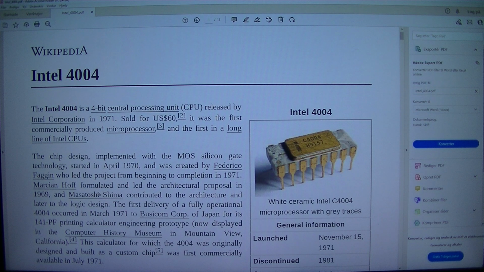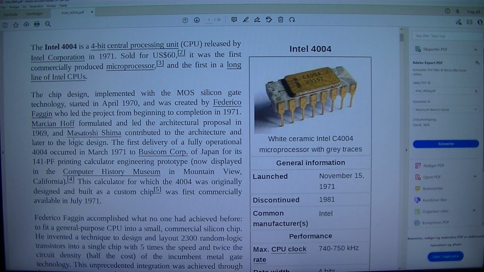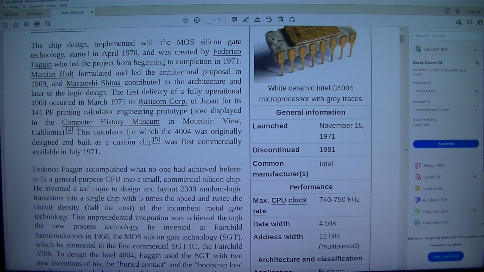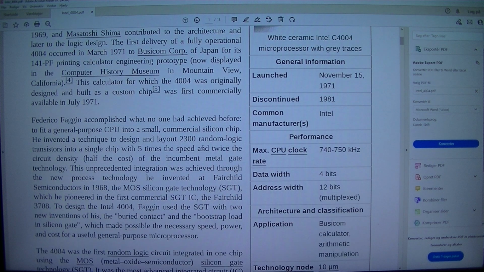Marcian Horth formulated and led the architectural proposal in 1969, and Masatoshi Shima contributed to the architecture and later to the logic design. The first delivery of a fully operational 4004 occurred in March 1971 to Bisicom Corporation of Japan for its 141PF printing calculator engineering prototype, now displayed in the Computer History Museum in Mountain View, California. 4. This calculator, for which the 4004 was originally designed and built as a custom chip, 5. was first commercially available in July 1971.